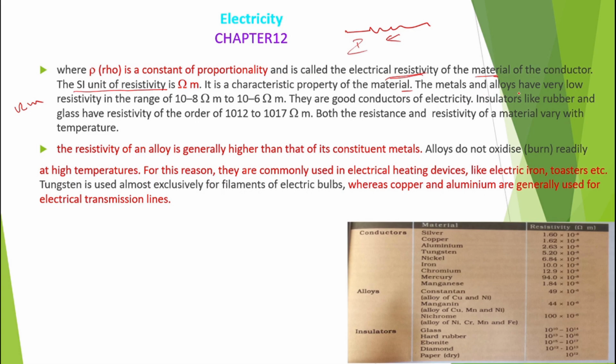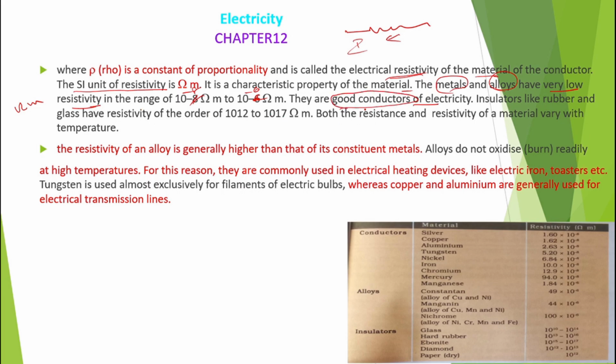The metals and alloys have very low resistivity, in the range of 10 to the power of minus 8 ohm meter to 10 to the power of minus 6 ohm meter. So they are good conductors of electricity. The metals having very low resistivity are called good conductors.